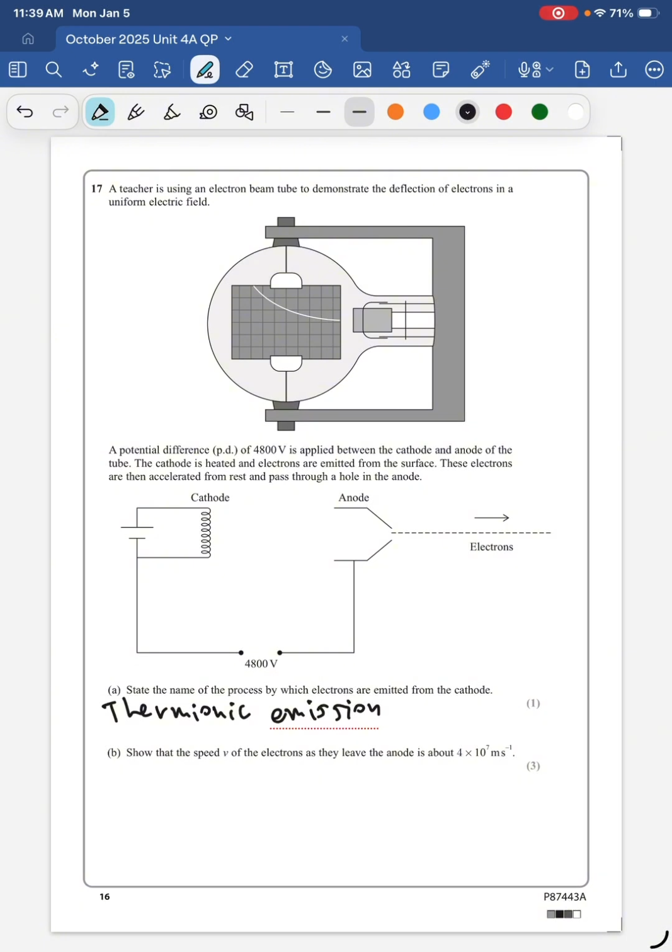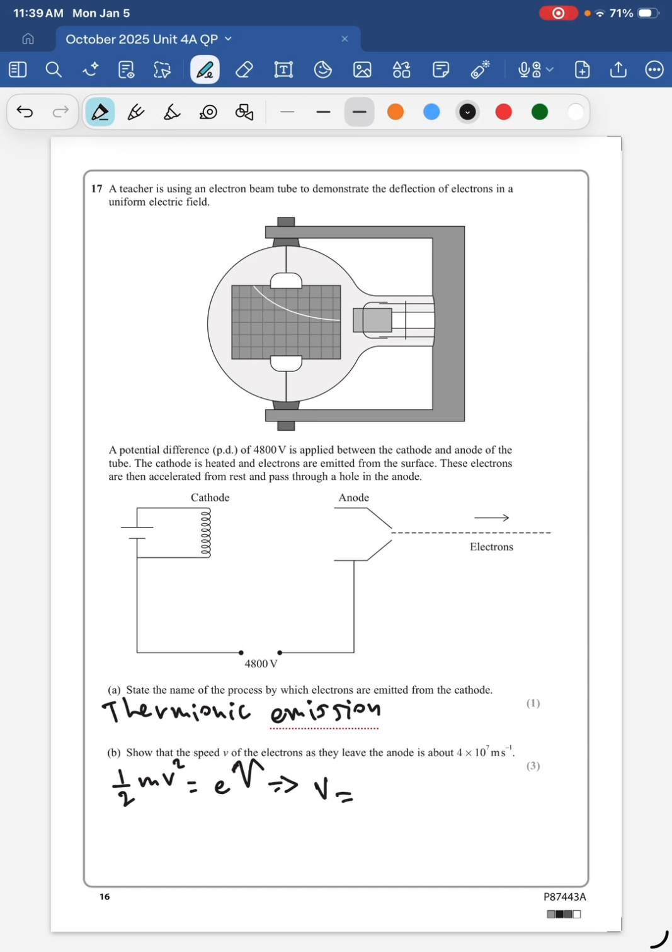So, since we're dealing with electrons, we have that 1/2 mv squared is equal to q times V, which is e times the provided voltage. I use this symbol V with a weird notation to denote the voltage, so you don't get confused.